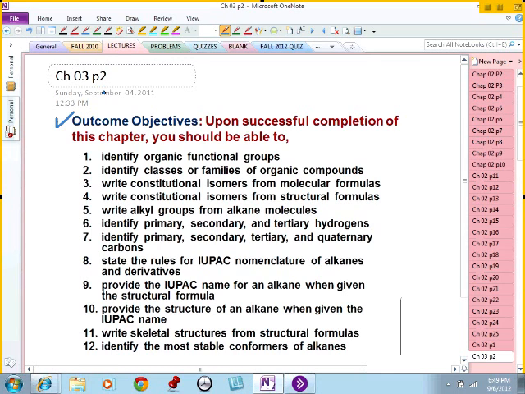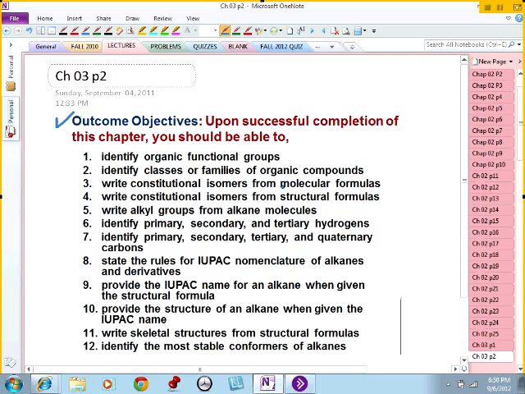Yes. Okay, very good. So we should be able to identify the organic functional groups. Okay. Yeah, one more. Okay, identify classes and families of organic compounds. Very good. So we should be able to do those things.